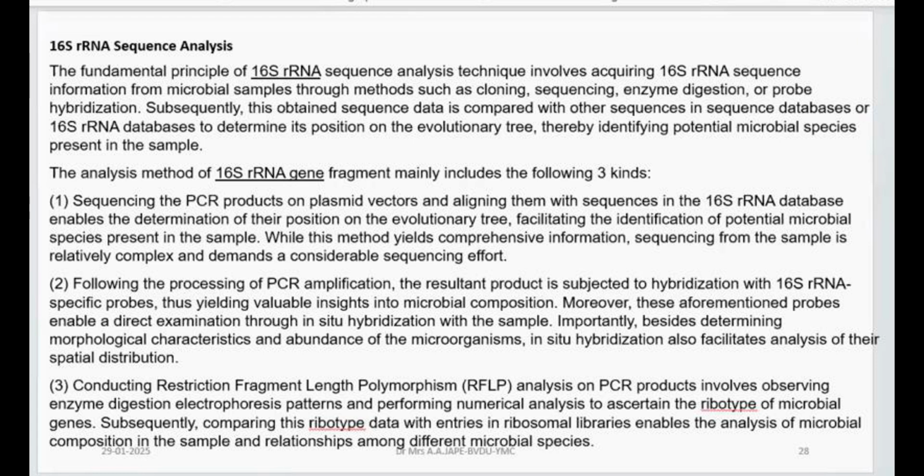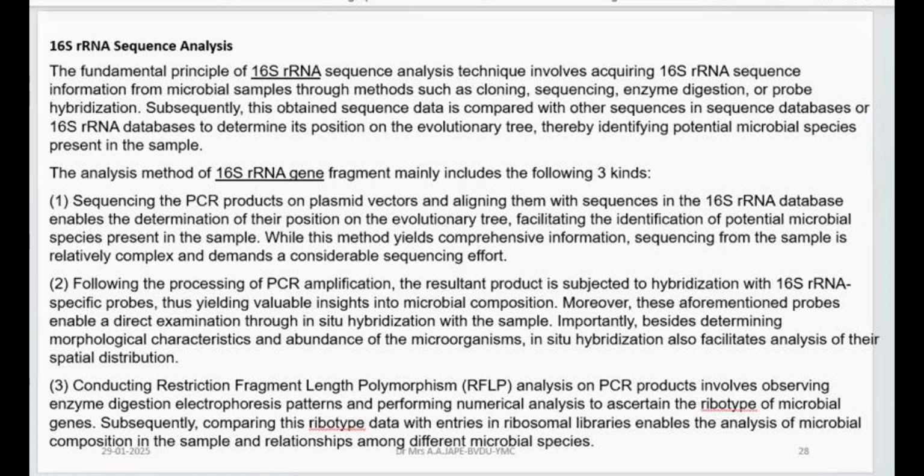So when it comes to 16S rRNA sequencing, here is one of the slides which is available on the internet. I'm trying to share with you. Just give me a second.